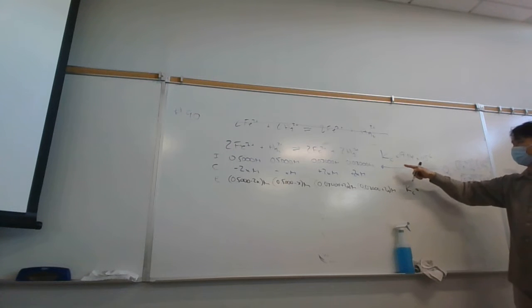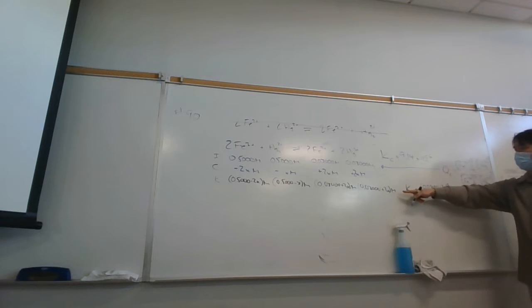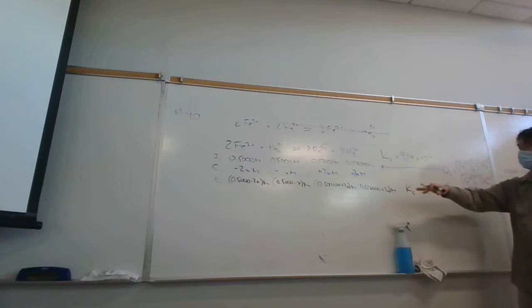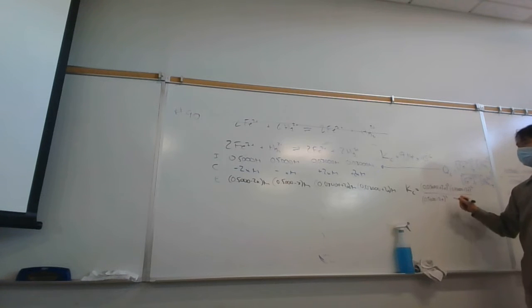Kc is just going to be equal to the iron 2 concentration squared. So that's going to be 0.03000 plus 2x quantity squared times this squared, 0.03000 plus 2x quantity squared, divided by 0.5000 minus 2x quantity squared and 0.5000 minus x to the first.